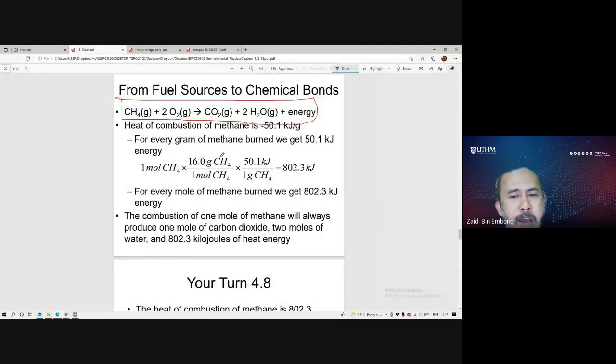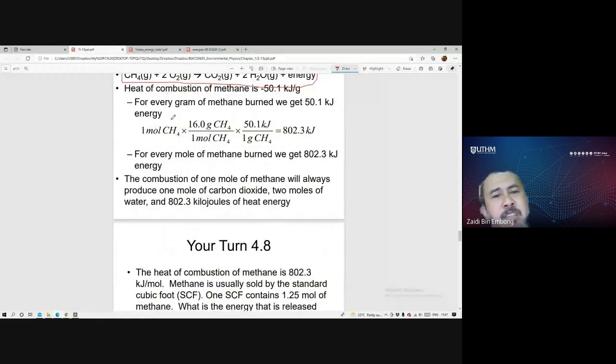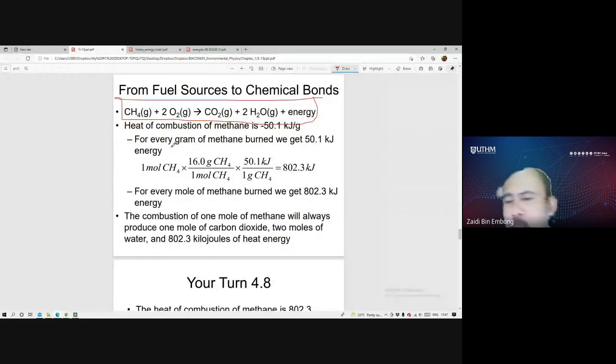Okay, now how much energy can 1 mole of this methane produce? But you need to calculate. 1 mole of CH4 has a molecular formula mass of 16 grams per mole. Burning 1 gram gives about 50 kilojoules. So 50 kilojoules times 16, and then you can calculate.